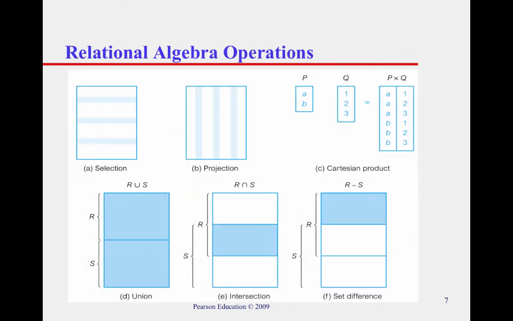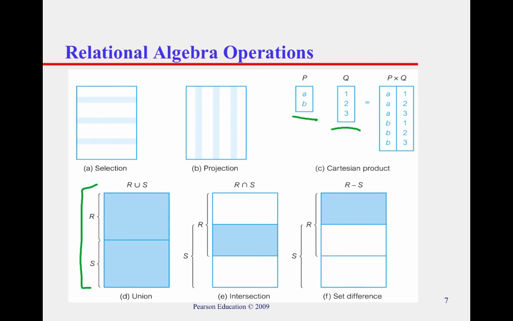Okay, so this is just a pictorial example. So as you can see, selection is a horizontal slice, projection is a vertical slice. The Cartesian product is like multiplication because it takes every combination of the values from each of the 2 relations.